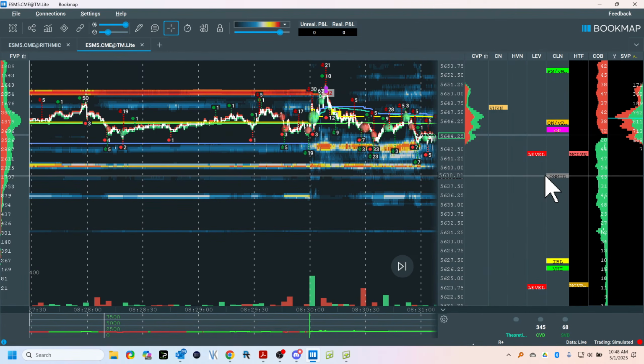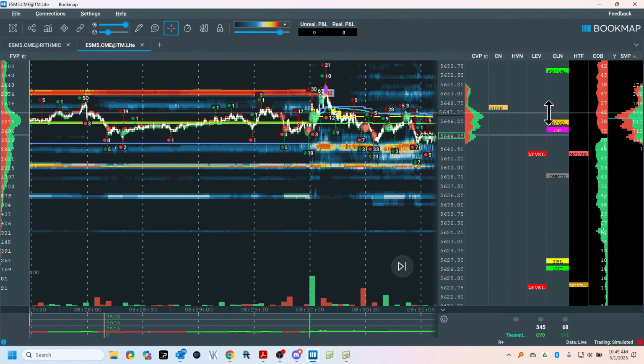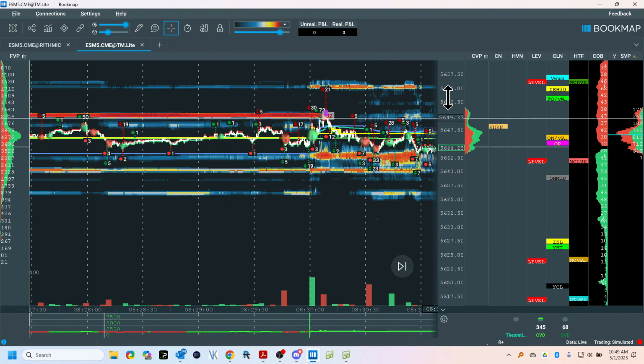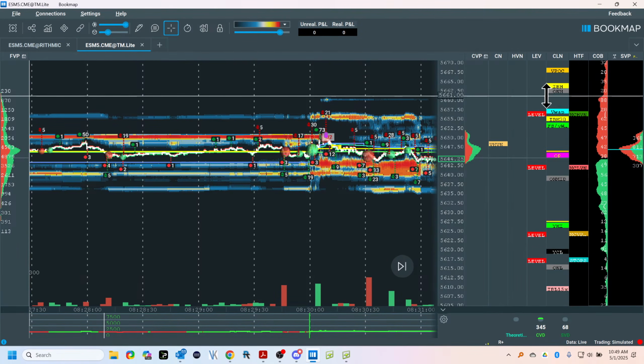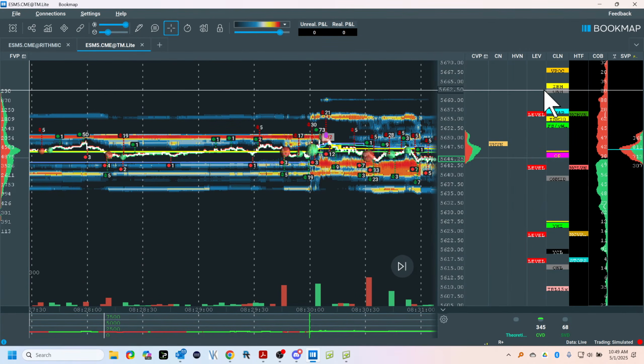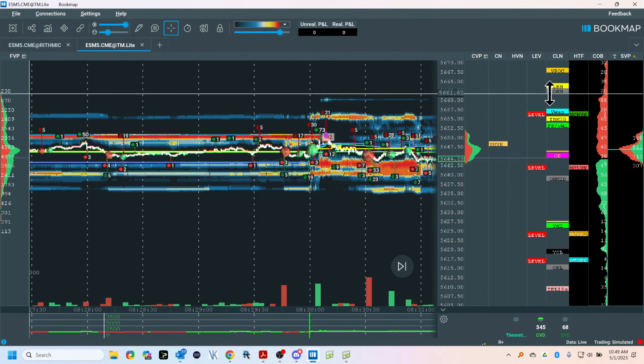And you have to vet everything for yourself. Getting to the overnight volume point of control, 79% probability. By the way, no precision. Who knows? Getting to the ETH high, 76% probability. This is all before the market opens. Here, taking out the first hour's high, 68% probability.